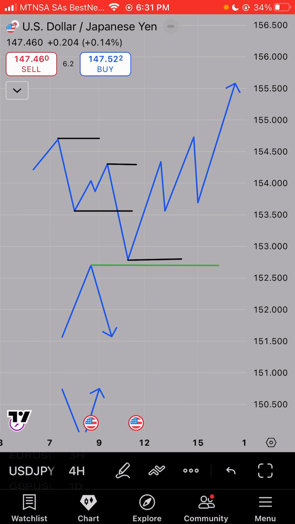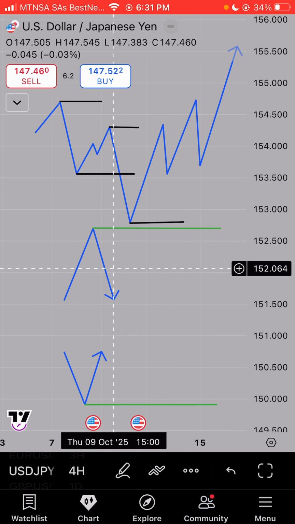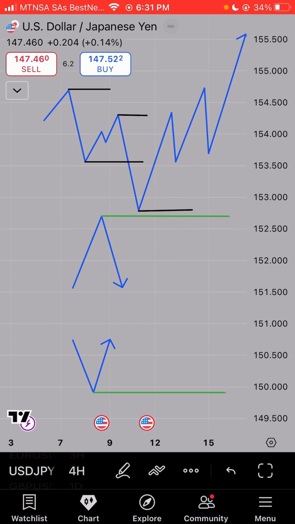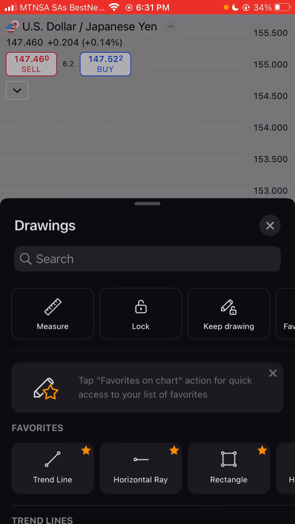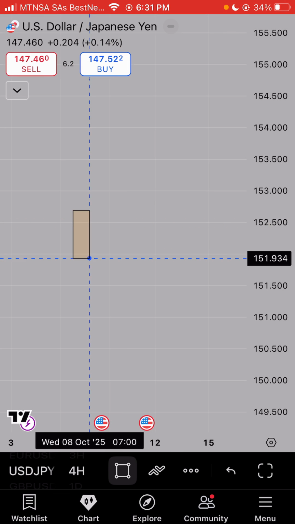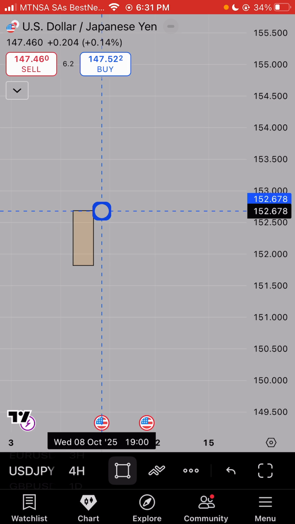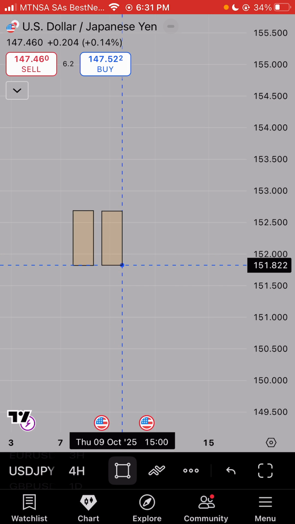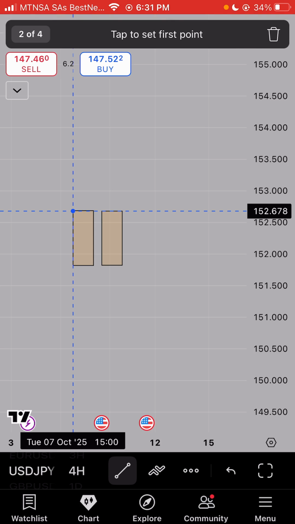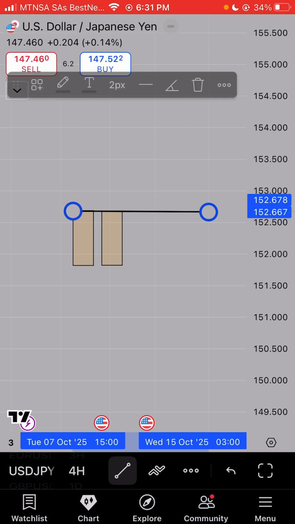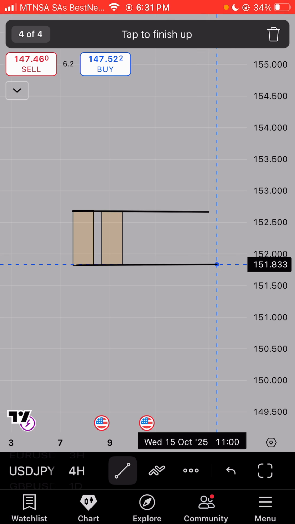And on the candlestick, after marking it out on the line chart like this, the moment you go to your candlestick chart, it is going to look something like this, where two candlesticks are basically like this, and then you're going to mark it out either like this or like this, depending on what it is.